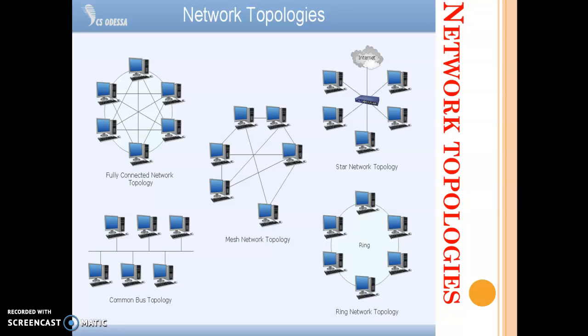On the right corner we find a star network topology as well as a ring network topology. In a star network topology, the computers are interconnected as if in a star drawing, and in a ring network topology, the computers are arranged in a ring.